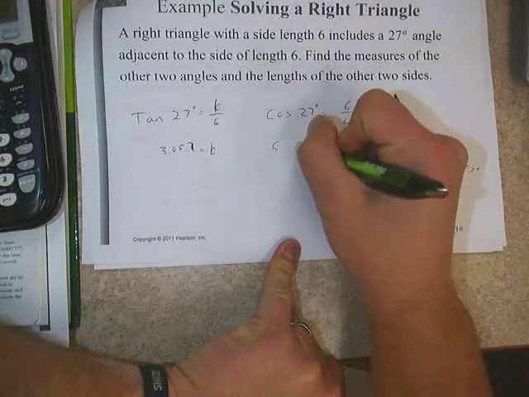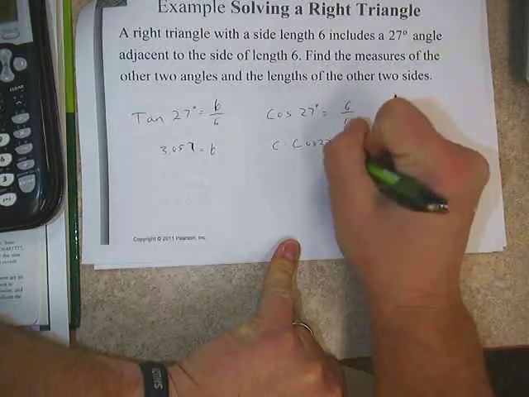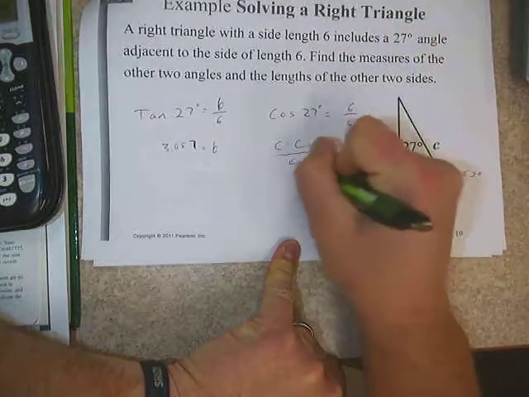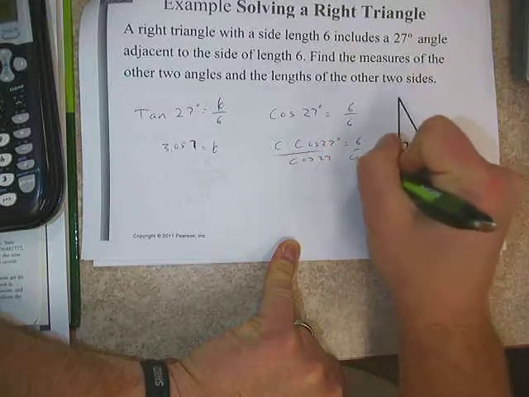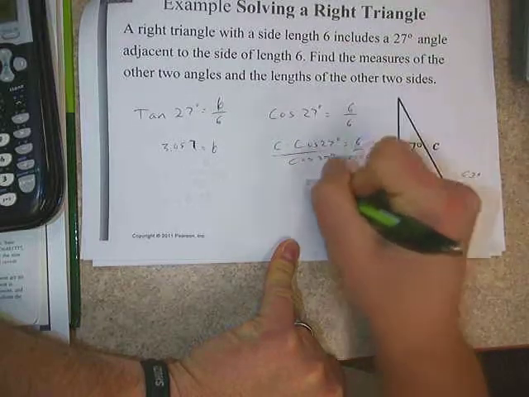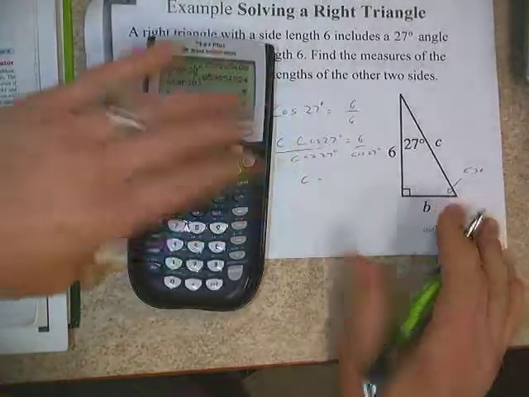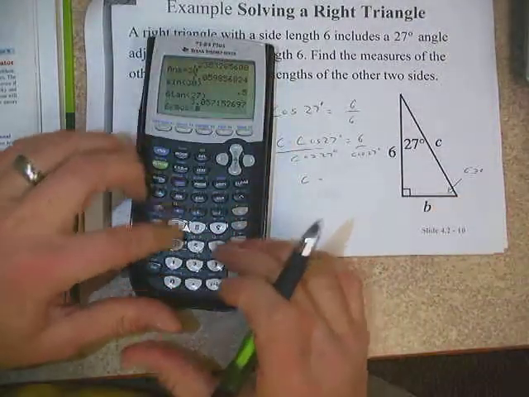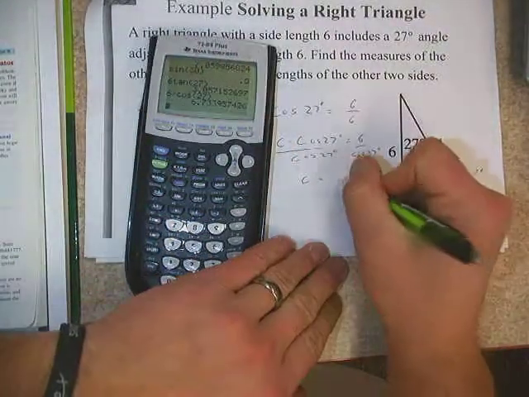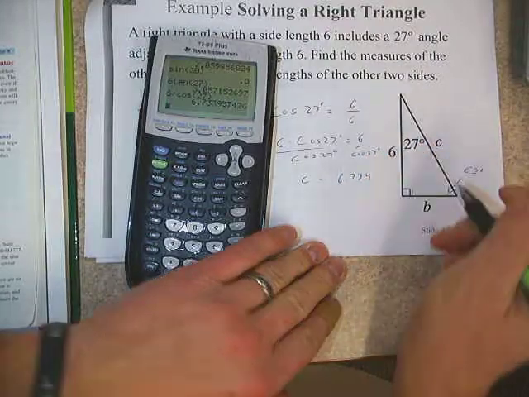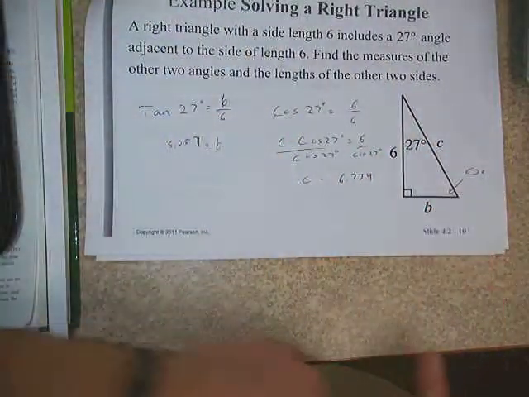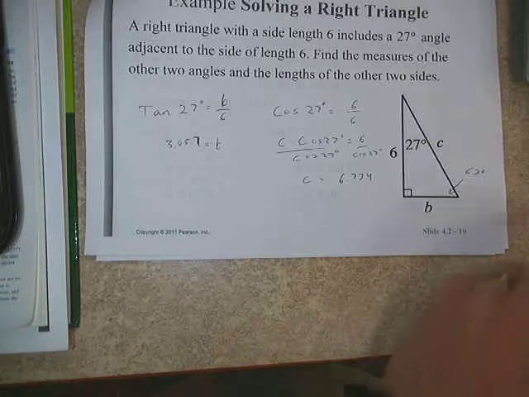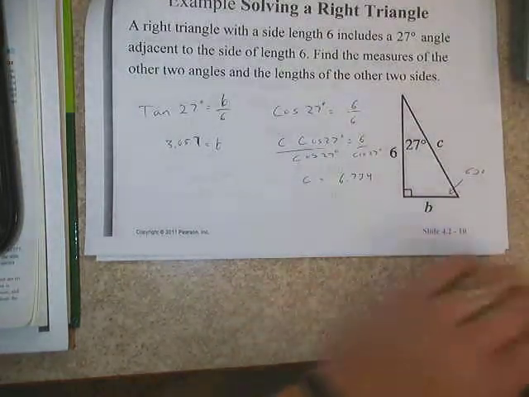If we're going to solve this, we're going to want to multiply by c like Cody did, and then divide by the cosine 27. So we'd have c times cosine 27, and then if we divide by cosine 27, we can find our c. So let's go ahead and do that. 6 divided by cosine 27 turns out to be 6.734.